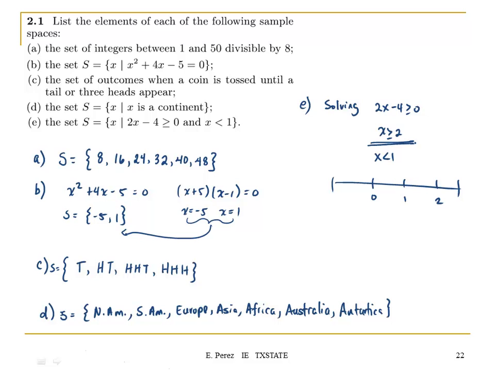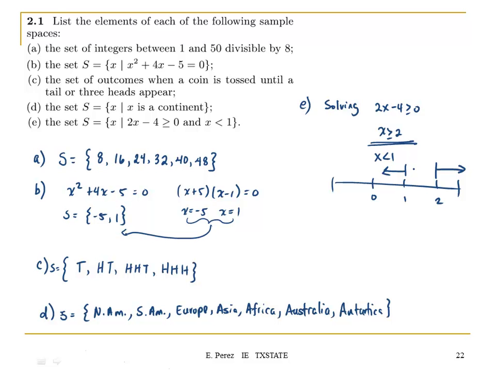So you want x to be greater than or equal to 2. But you also have x less than 1, which is this area from 1 to the left.